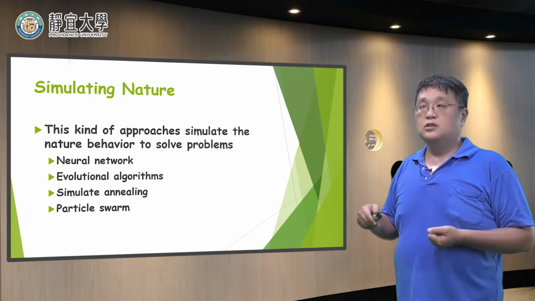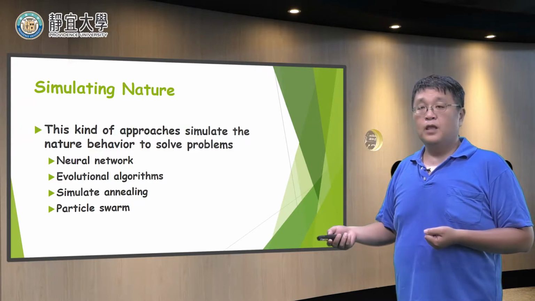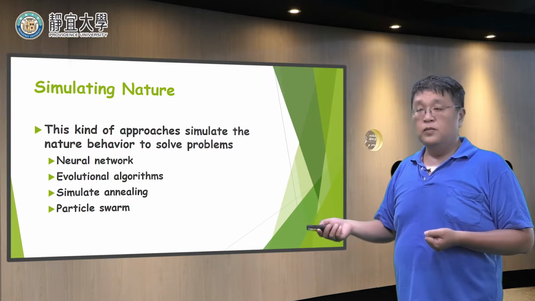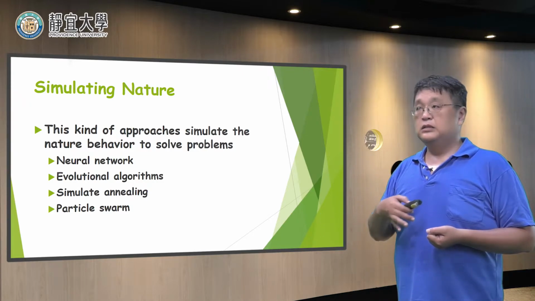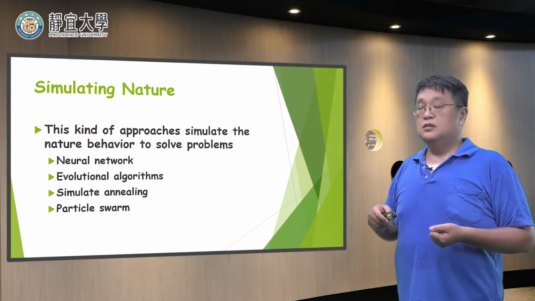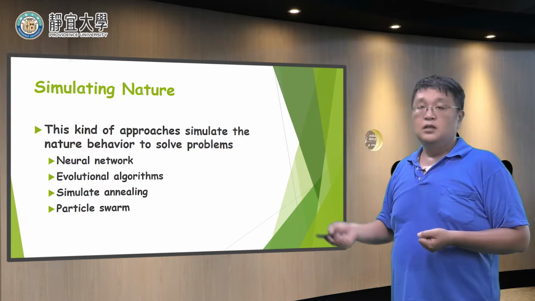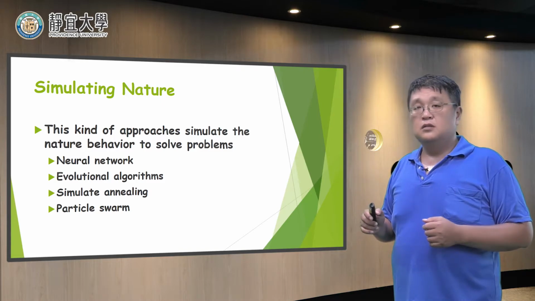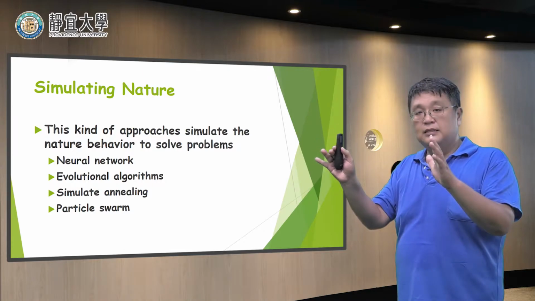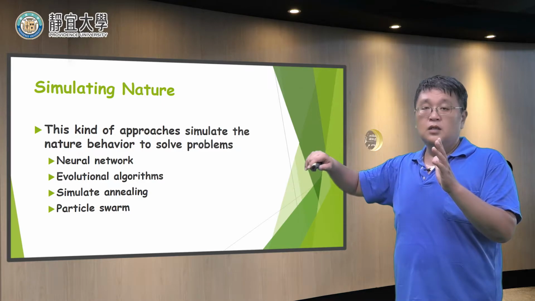Something like a neural network, something like an evolutionary algorithm, something like simulated annealing, something like particle swarm, something like ant colony. We can simulate ants, something like fireflies. They all are natural things, but you can simulate them and turn them into computer software.